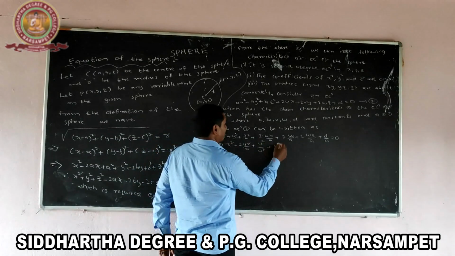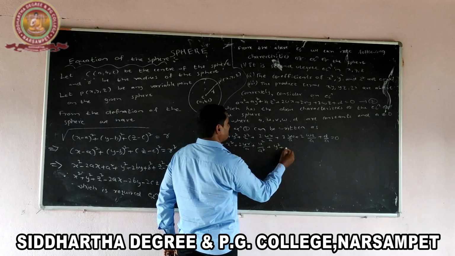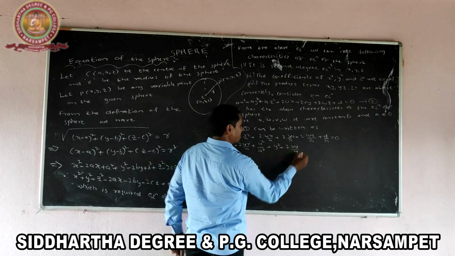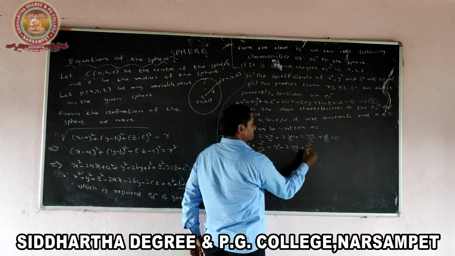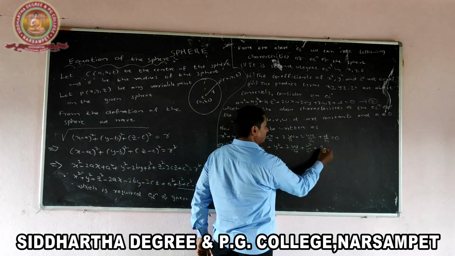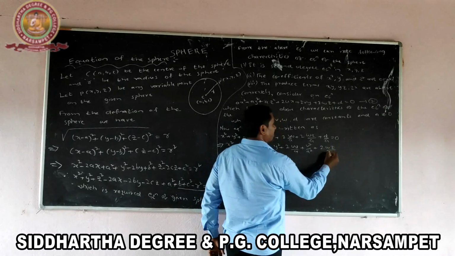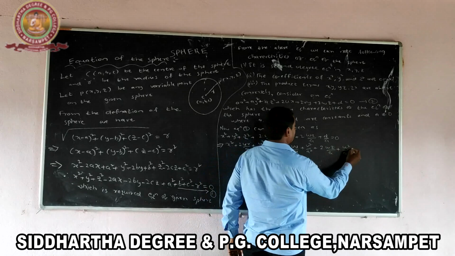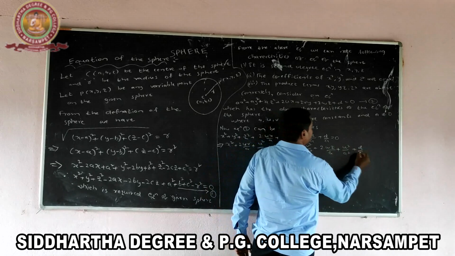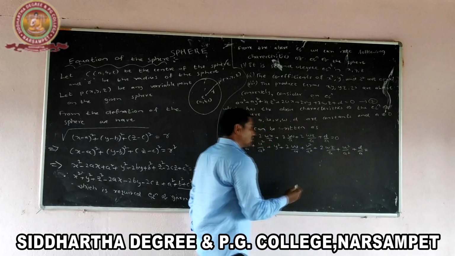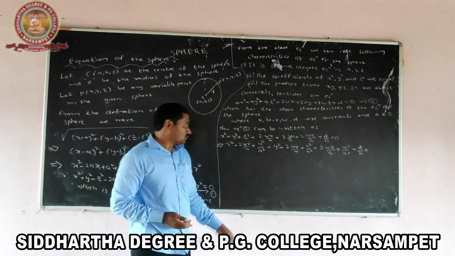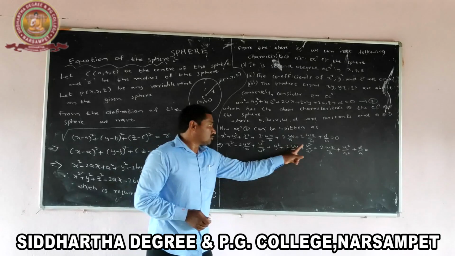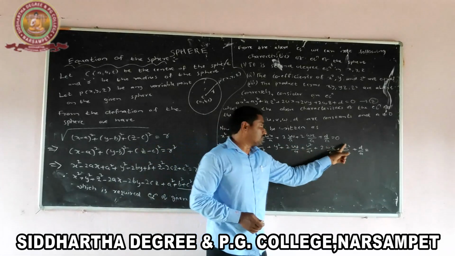In similar way, y square plus 2 into vy by a plus v square by a square, plus 2 into wz by a plus w square by a square, plus d by a is equal to, here we are adding the terms u square by a square, v square by a square, w square by a square.